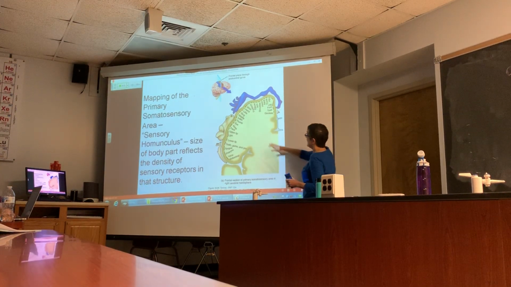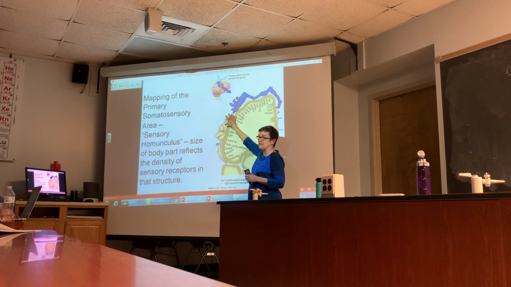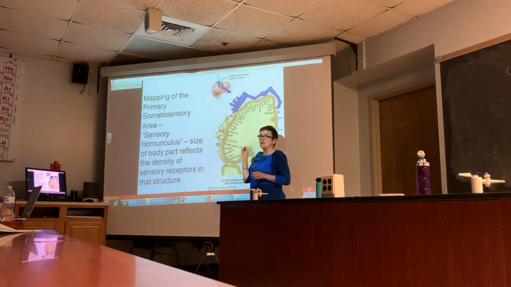So for instance, the hands and face have the most sensitivity. They've got the most density of sensory receptors, therefore they have the smallest receptive fields.